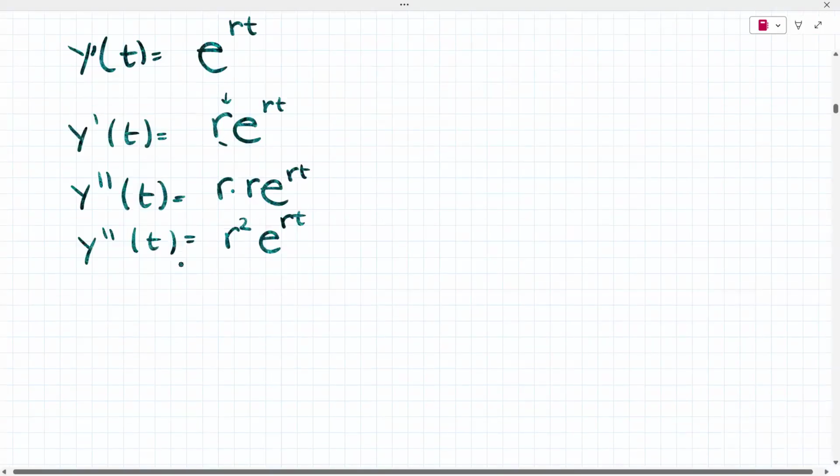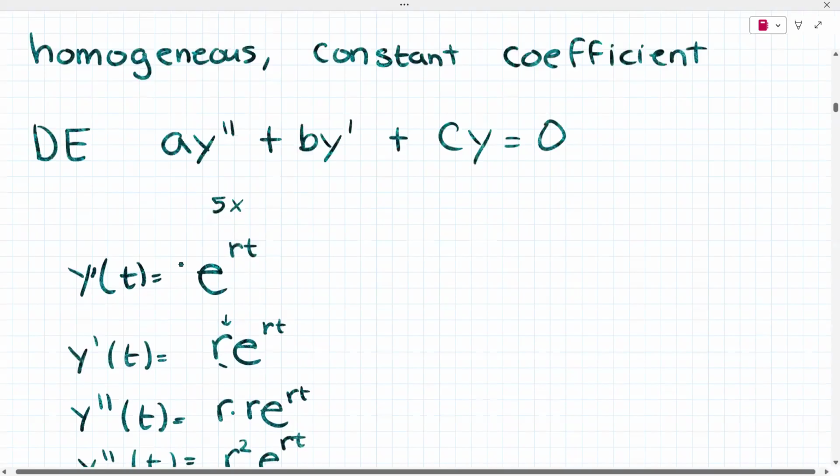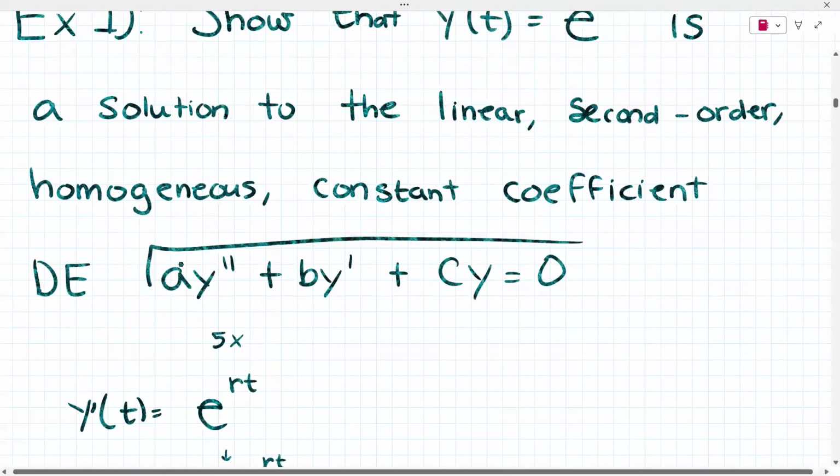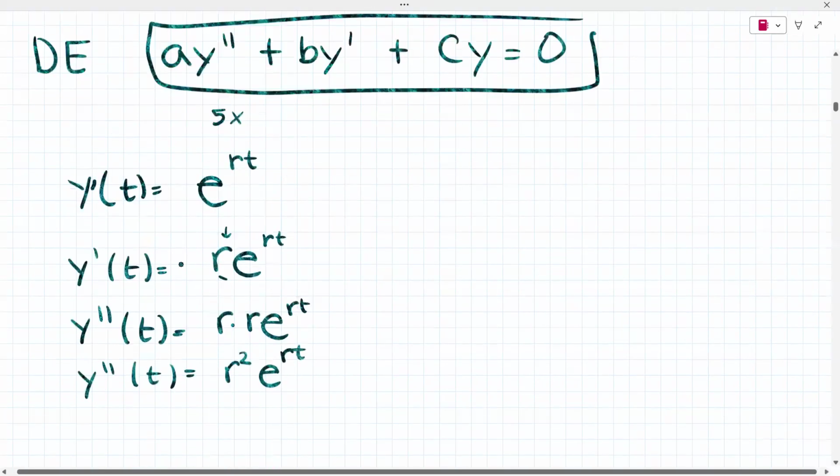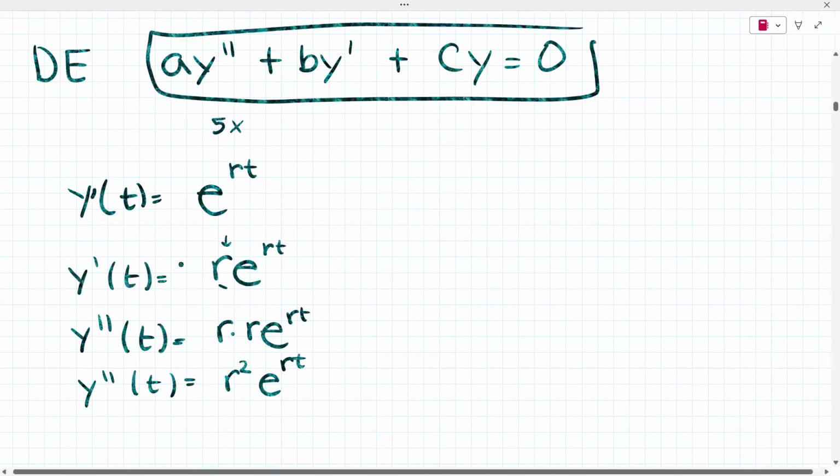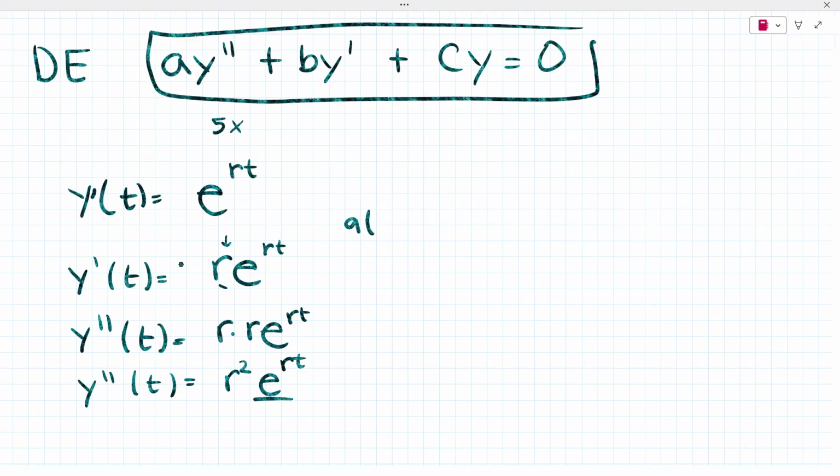Okay. So now what we're going to do is put it in this formula right here. So we know that it's going to be a, and we know that y double prime is r squared e to the rt, so I'm going to replace that with r squared e raised to the rt, plus b times y prime.